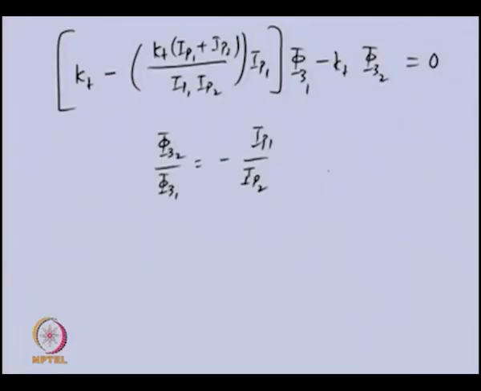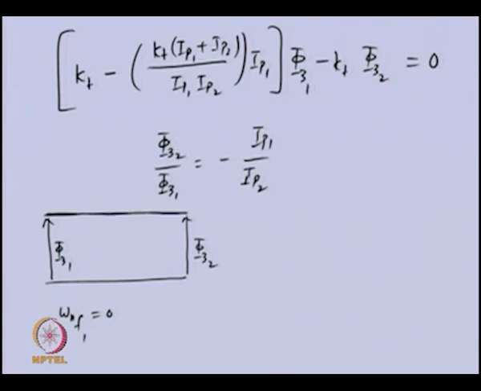So, if we want to draw this particular motion, you can see that in the first case, when the natural frequency was 0, if we plot the relative displacement between the two, this is phi z1 and this is phi z2, because both are the same. So, the shaft has no relative twist, it is a rigid body mode.